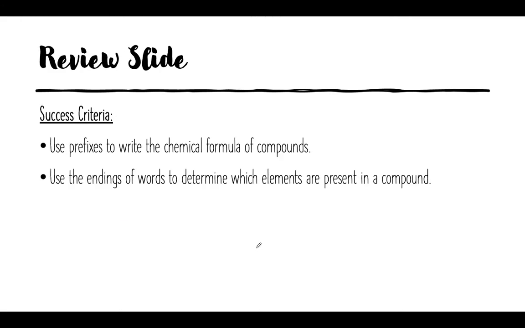So that takes us to the end of today's lesson. Hopefully by the end of today, you have either refreshed or learned how to write the chemical formula of compounds using prefixes, and how to use the ending of words to determine which elements are present in a compound. Now, just to remind you, if the compound's name ends in ITE or ATE, that means there are 3 elements involved.